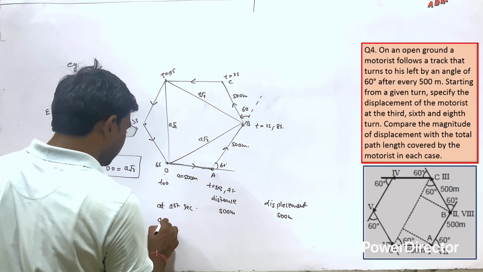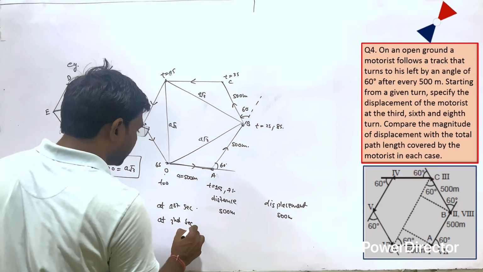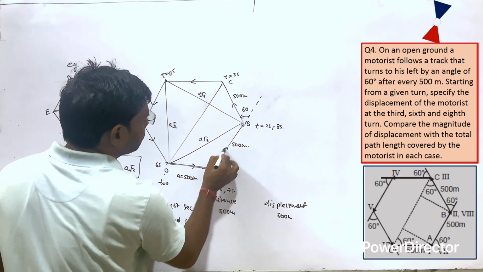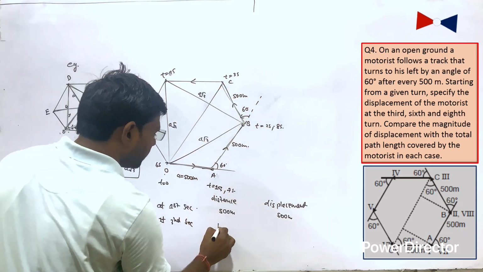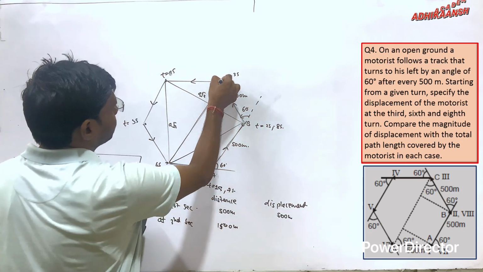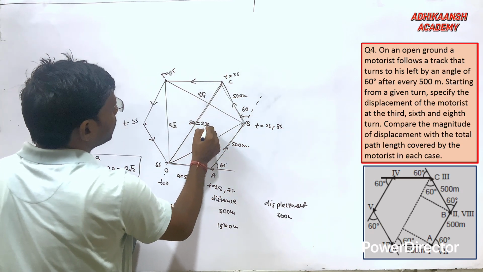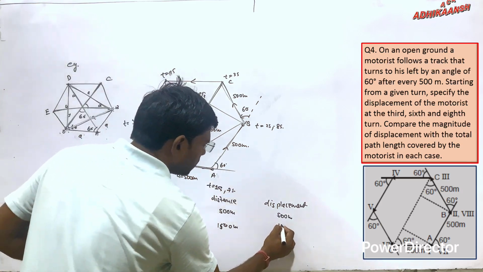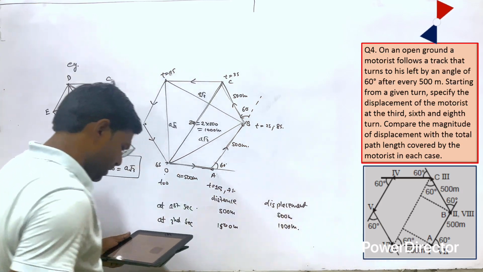At the third second, the distance is 500 plus 500 plus 500, that is 1500 meters, and this is the displacement. The displacement is 2a, 2 into 500, that is 1000 meters. So 1000 meters is the displacement.